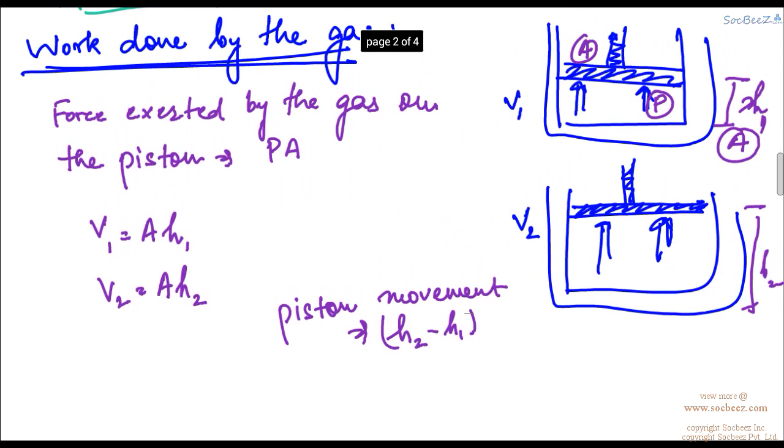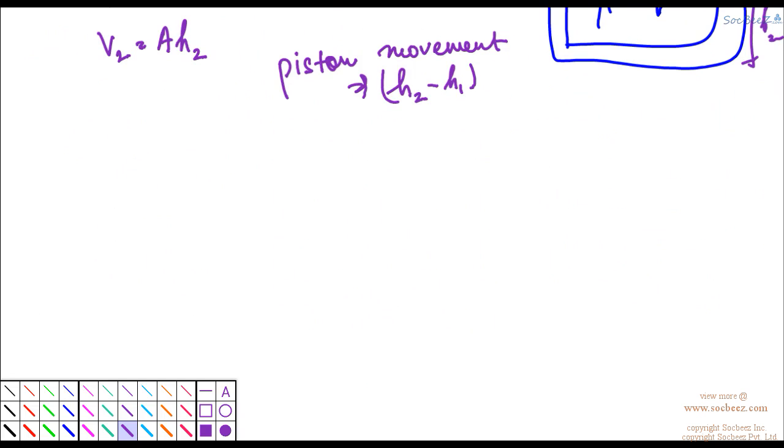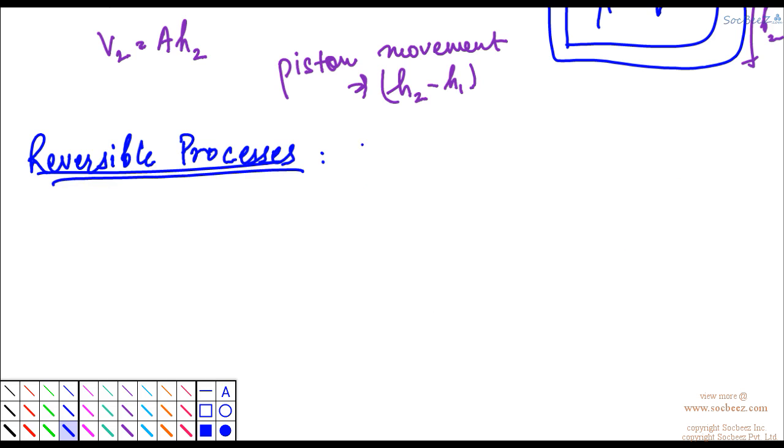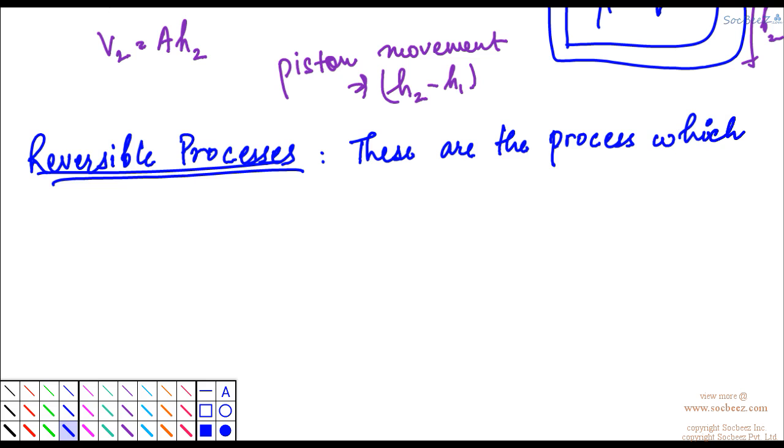One thing is very important in this process: these are reversible processes. These all are reversible processes we are dealing with, which take infinite time. I'm not giving you the formal definition, but I'm giving you the essence of what is meant by the reversible process.